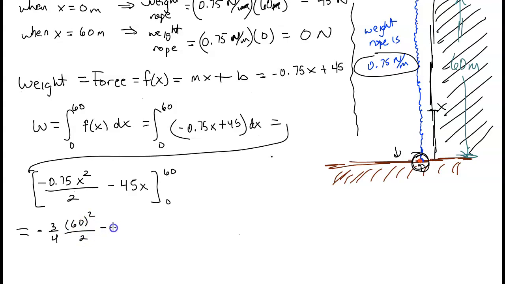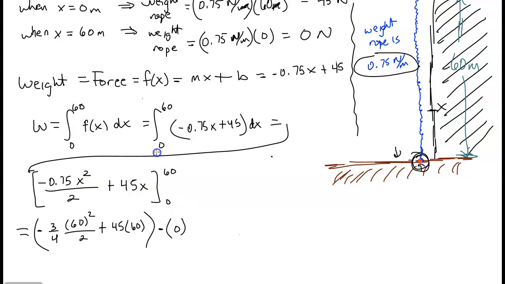So we have that minus 45 times 60, and that's all in the first one. And this should be a plus, not a minus. There should be a plus there. And then in the second one, it's going to be 0 in both terms. So I'm just going to write 0 there.